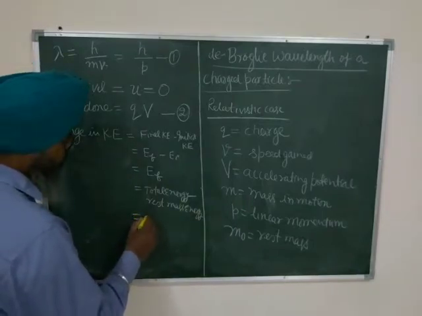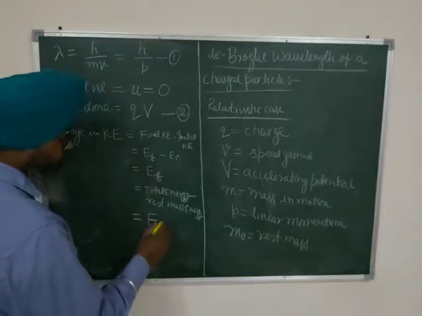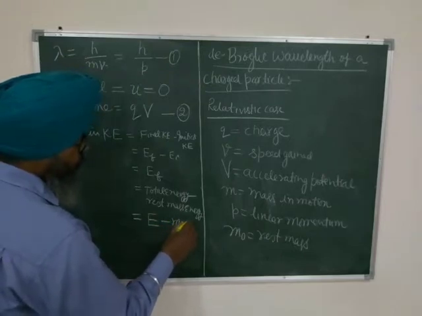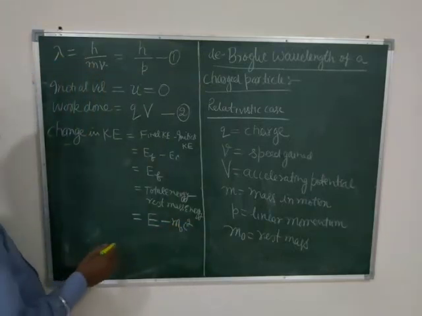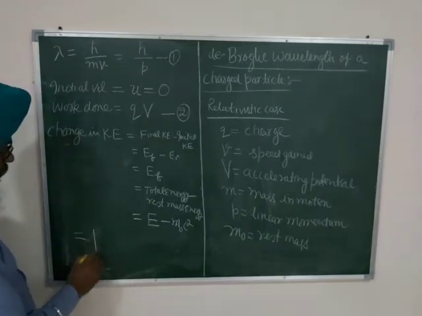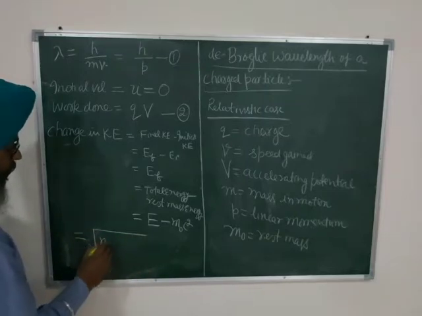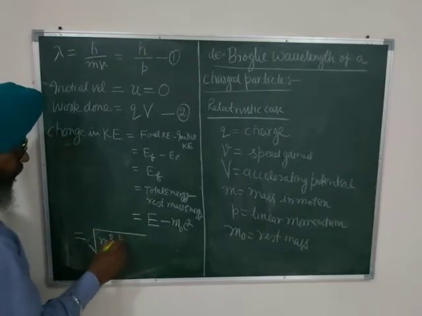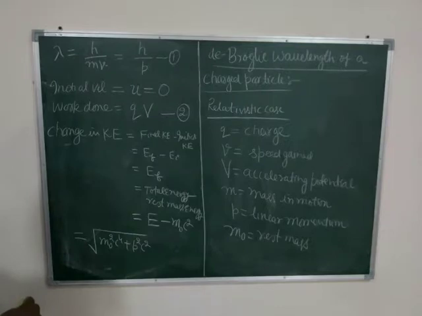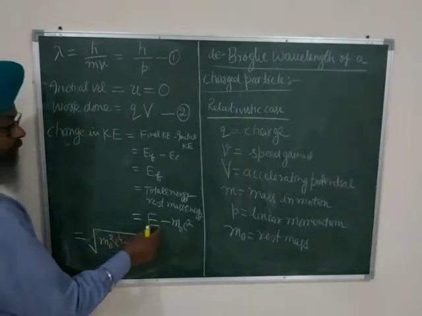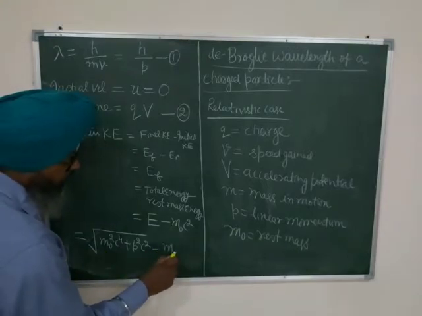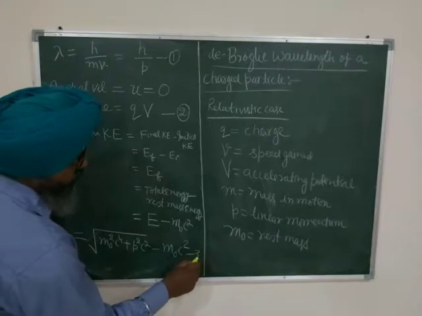So, let us say the total energy is E. It will be E minus m0 c squared. According to Einstein's theory of relativity, E is equal to the square root of m0 squared c to the power 4 plus p squared c squared. Therefore, the change in kinetic energy, which is equal to E minus m0 c squared, will become equal to this quantity minus m0 c squared. Let us say this is equation number 3.